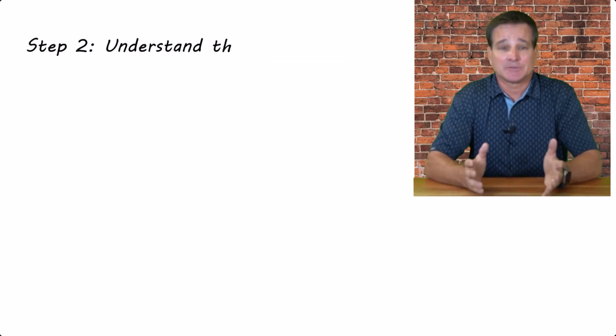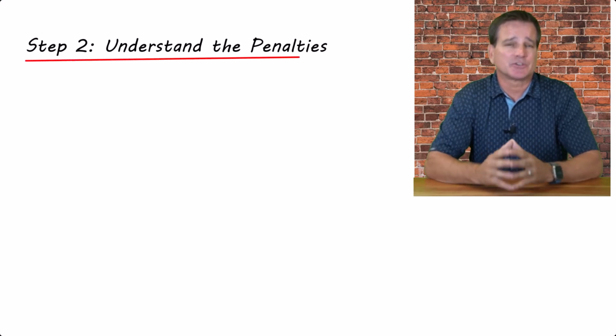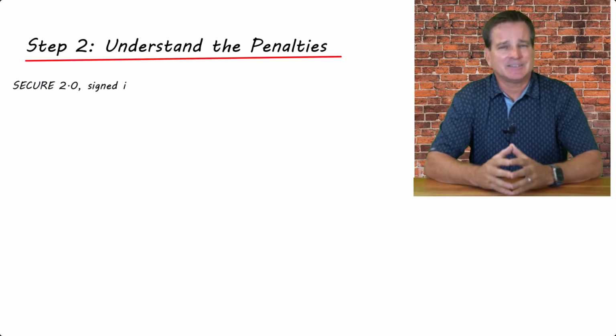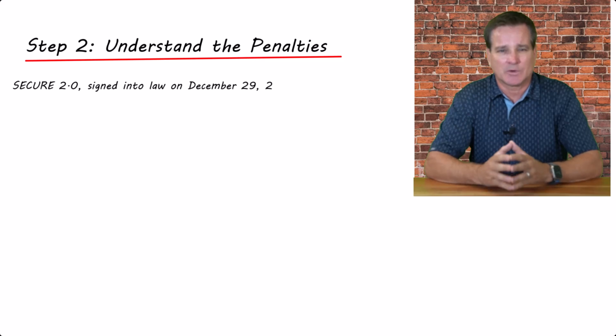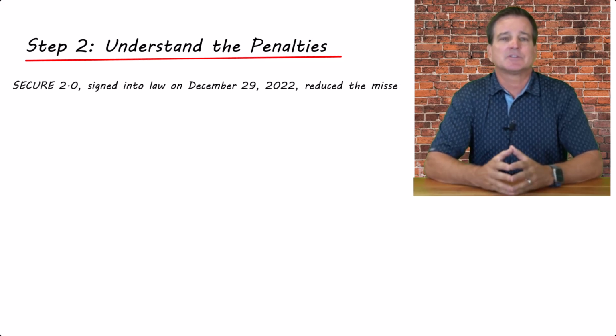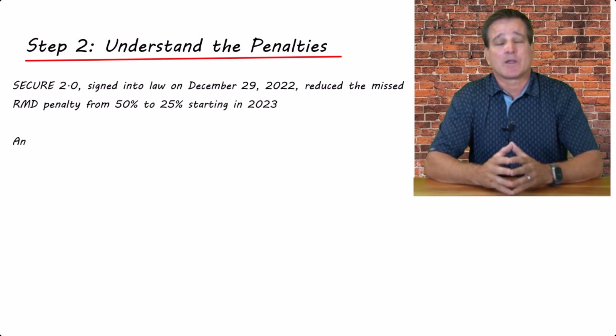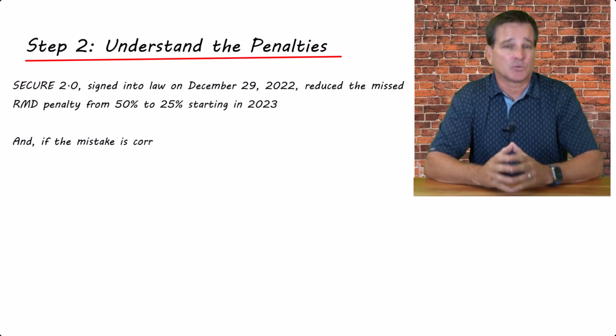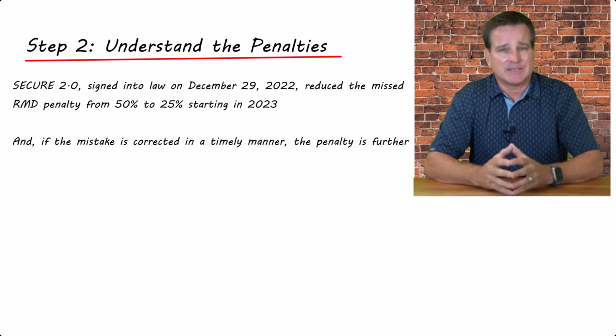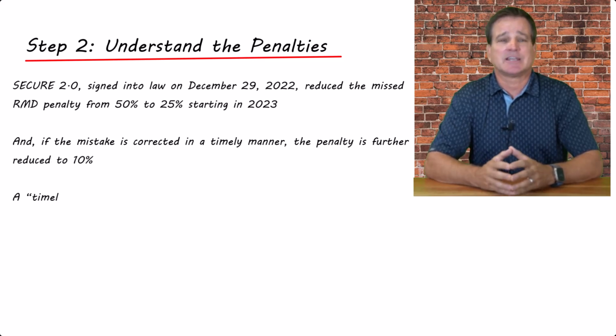Okay, step number 2. Let's understand the penalties. The Secure Act 2.0, signed into law December 29th of 2022, reduced the penalty from 50% to 25% for a missed RMD starting in 2023. And if the mistake is timely corrected, it further reduces it to 10%.